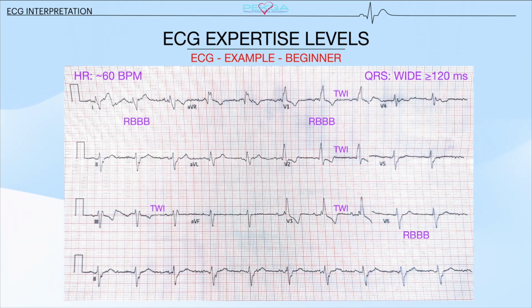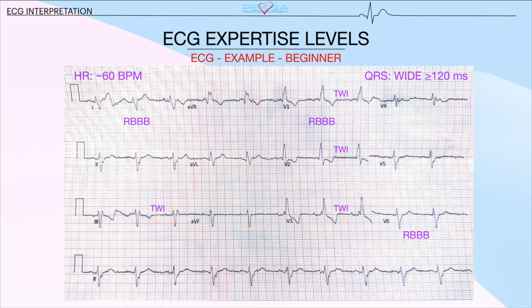They should be able to pick up on the right bundle branch block, although bundle branch blocks tend to be a bit tricky for beginners, but they should be able to pick it up fairly easily. They should also pick up on these T-wave inversions. They're probably not going to understand where this is coming from, but they should be able to pick up on them. That's a beginner.